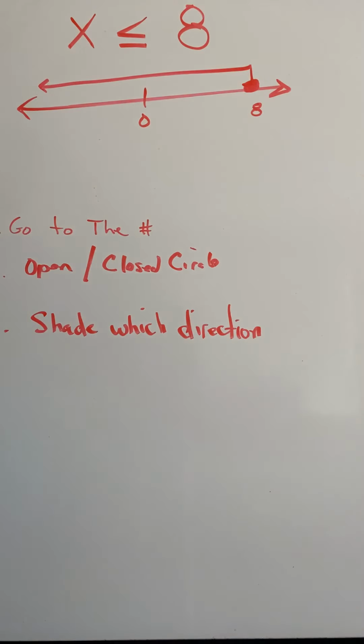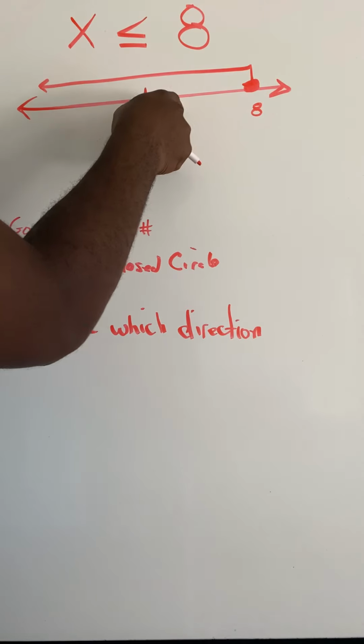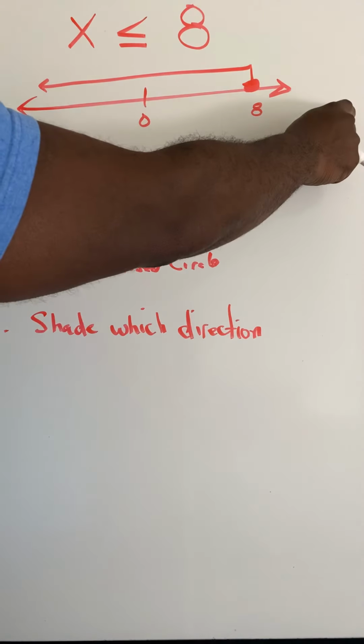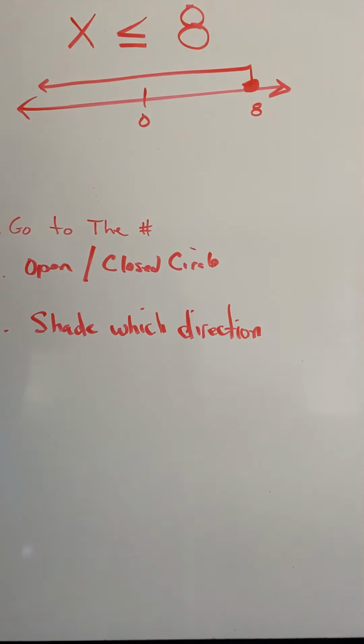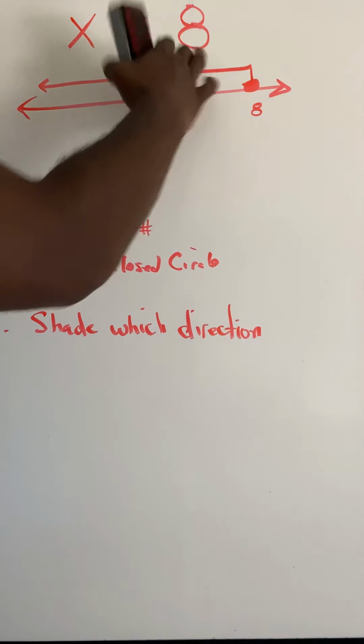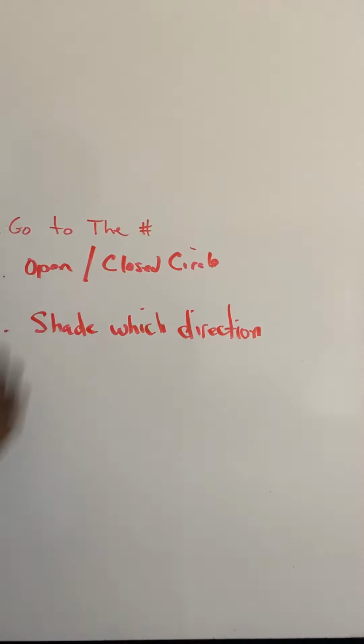What does that mean? Can the answer be 8? Yes. Can it be 7? Yes. 6? Yes. 5? Yes. 4? Yes. Any number over here. Can it be 9? No. 8? Yes. 9? No. 7? Yes. Any of those on the left of 8, yes. So 8 or less. Okay? All right, let's take a look at the next one.